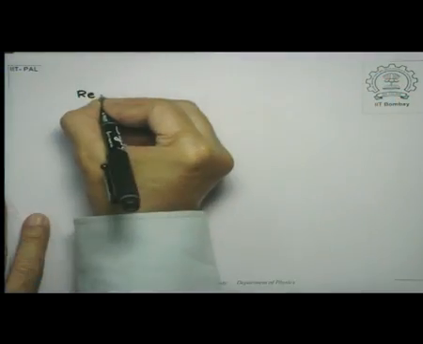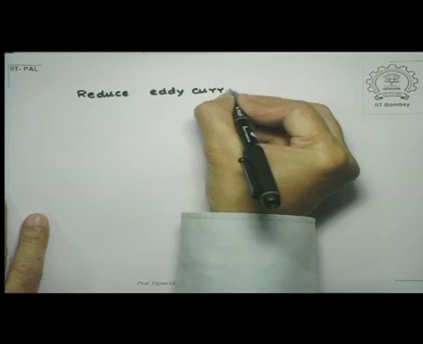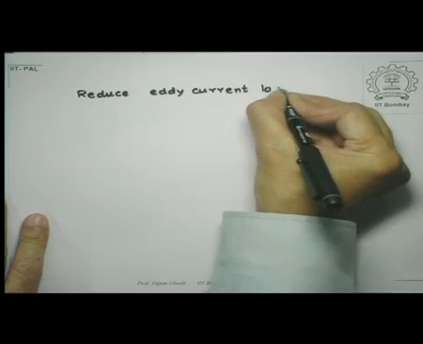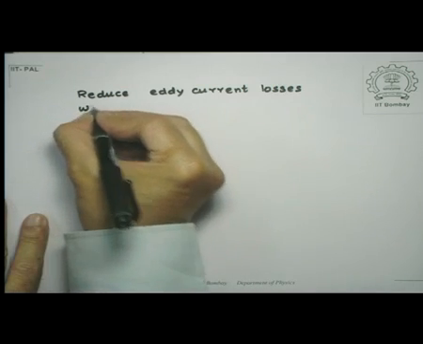Now what do I do to reduce the effect of such losses? Obviously we need to reduce the eddy currents. So to reduce eddy losses, we use what is known as a laminated core.